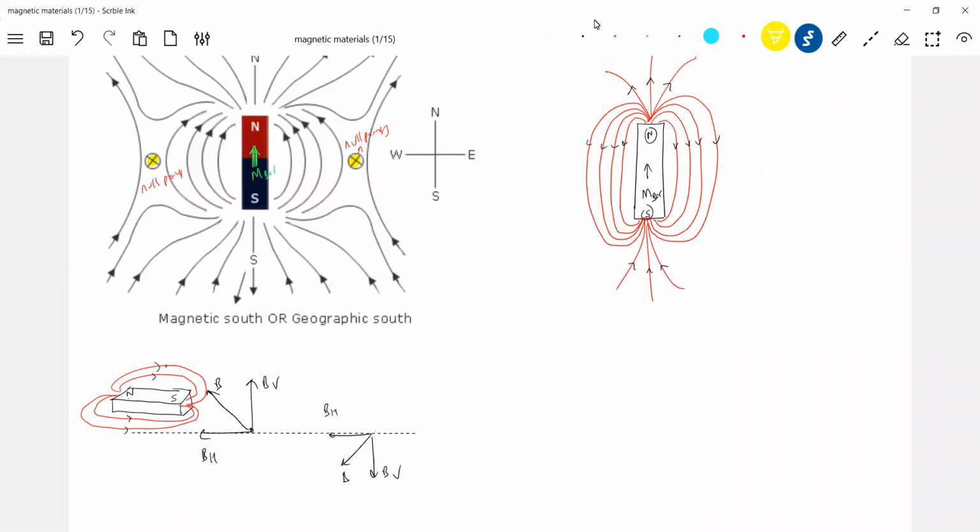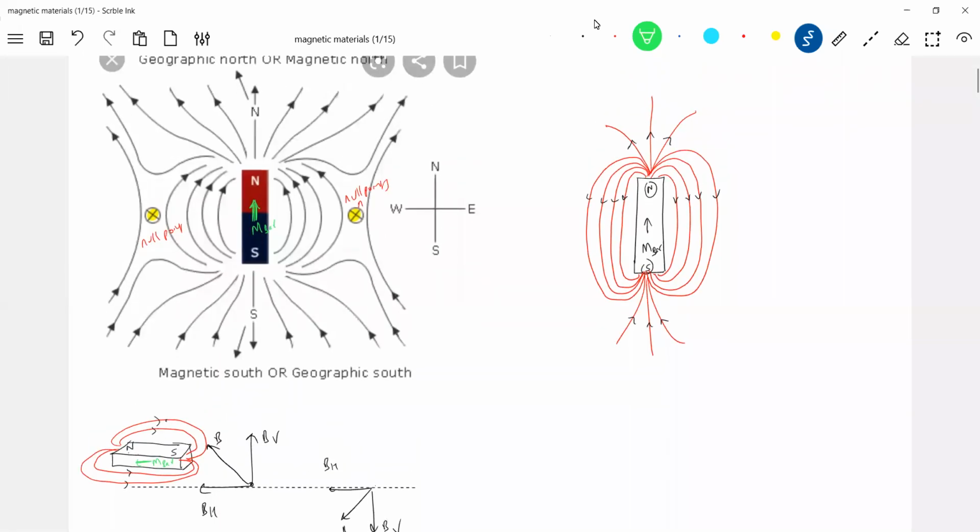So BH, do I know BH by using the vibration magnetometer? With that, I'm able to predict the M bar of a bar magnet. Now, this is the Earth's magnetic field, and the superposition of that is what we see.